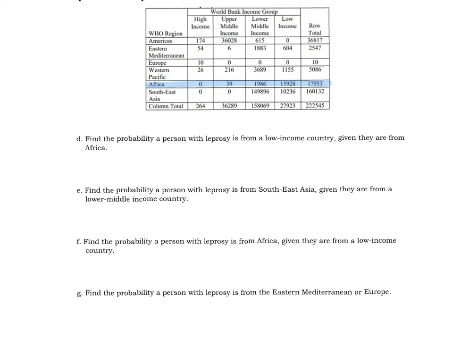The only people we care about are those 17,953 from Africa, because none of the other people apply. They're not from Africa. So out of those from Africa, you will notice that 15,928 of them are from a low income country, for a probability of 0.887.